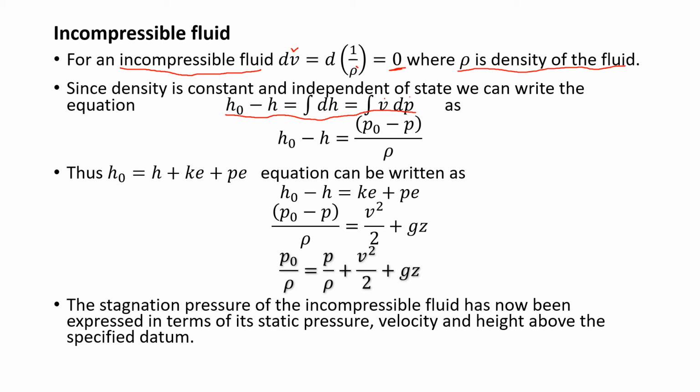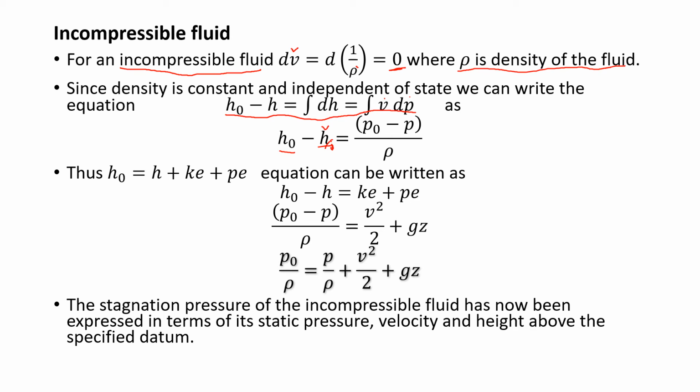Integration of dH is nothing but H naught minus H. Here H naught is stagnation enthalpy and H is static enthalpy. Actually we are supposed to write Hi, but usually for the static state we drop this suffix i. So if H is written, it is static enthalpy.